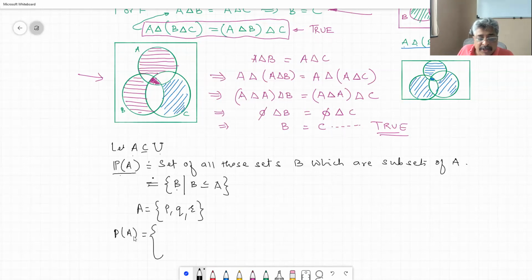So the power set of A is all possible subsets of A. The first possible subset is the empty set. The second possible subsets are those of one element. I think we have done this in combinatorics. Then all those sets which have two elements.